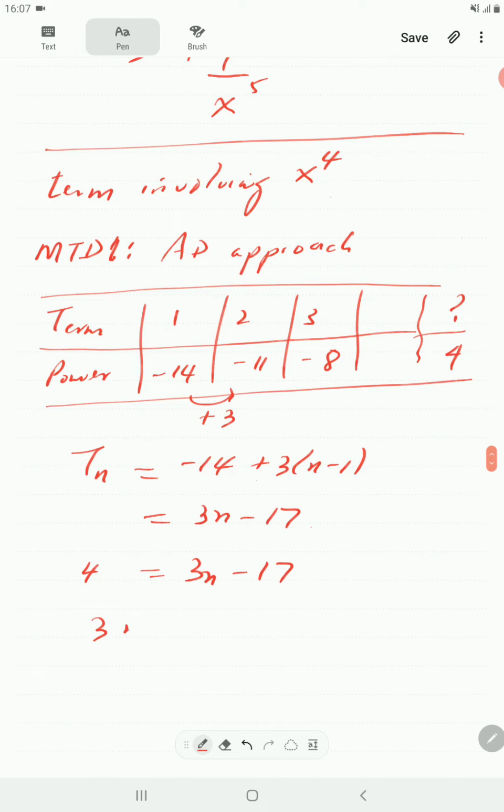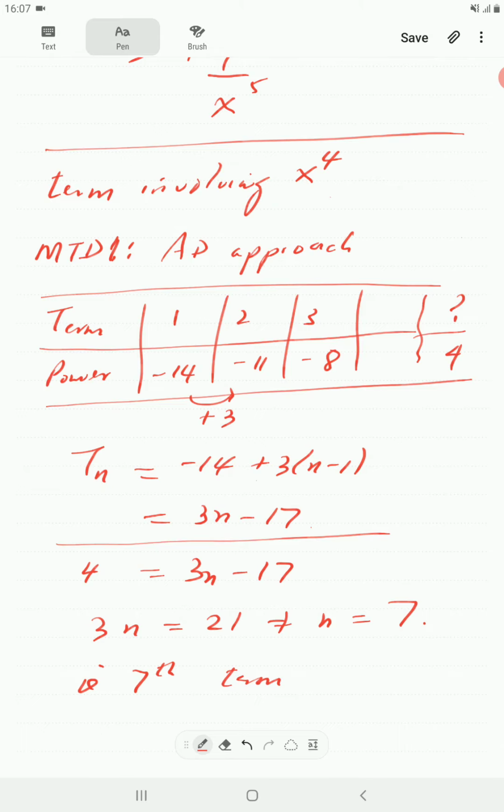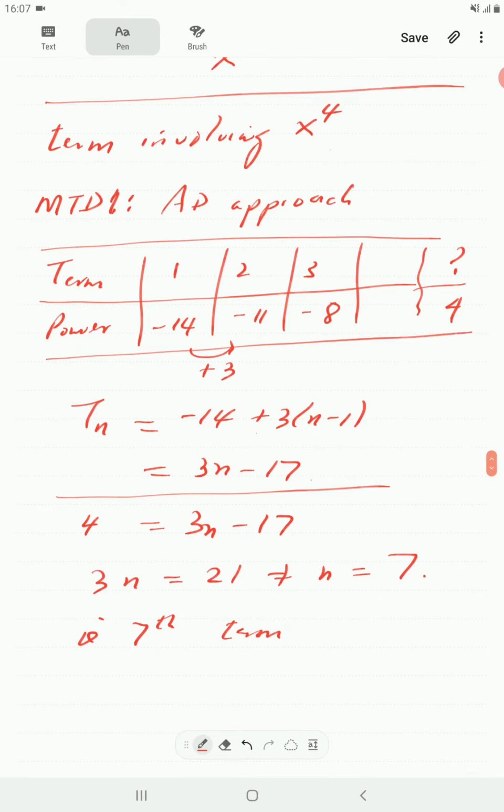So this is telling us that 3n is going to be 21. So n is going to be 7. So it's going to be the 7th term that we are interested in. That's going to give us x to the power 4. Before we work out the term, I'm just going to do the other method. Okay.